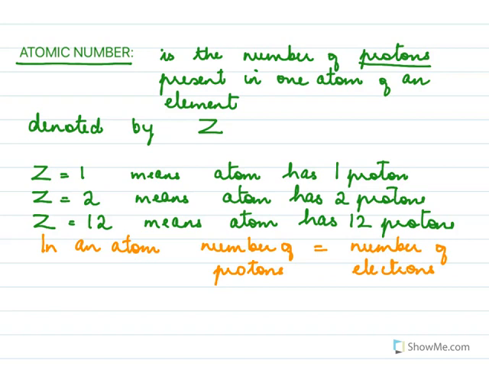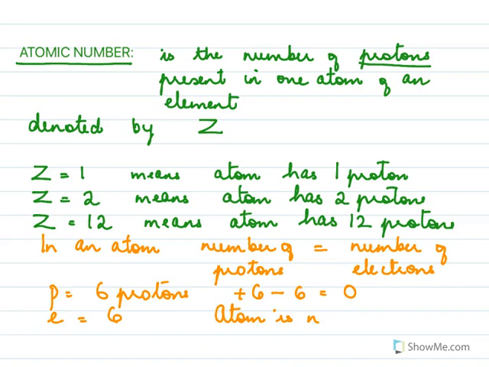Which means if an atom has, say, 6 protons, the electrons will also be 6. Now the protons carry a positive charge, so the charge will be plus 6. And the electron carries a negative charge, so it will be minus 6. So the total charge will be 0. So an atom is always electrically neutral. Why neutral?